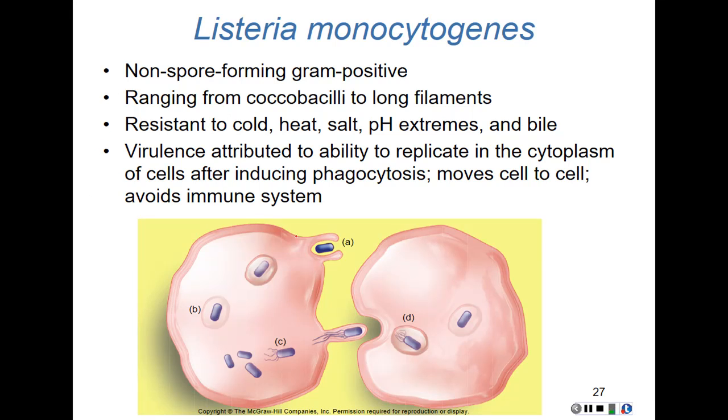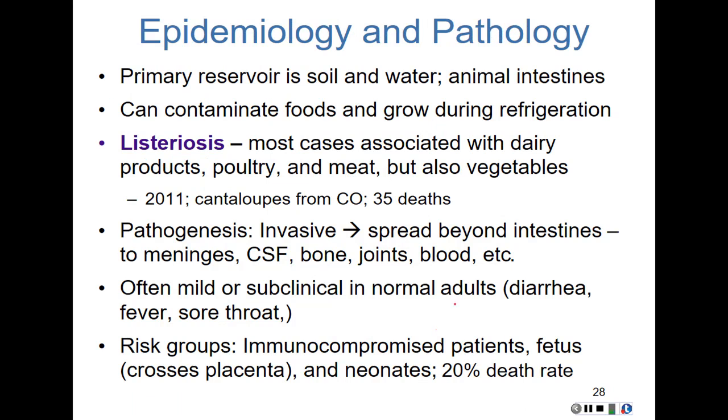Now, this organism, a gram-positive bacilli, can enter phagocytic cells and actually move from phagocytic cell to phagocytic cell without ever leaving a phagocytic cell. It has a special ability to do that, so that can disseminate around the body. That's a unique thing about this organism, and it causes a disease, listeriosis.